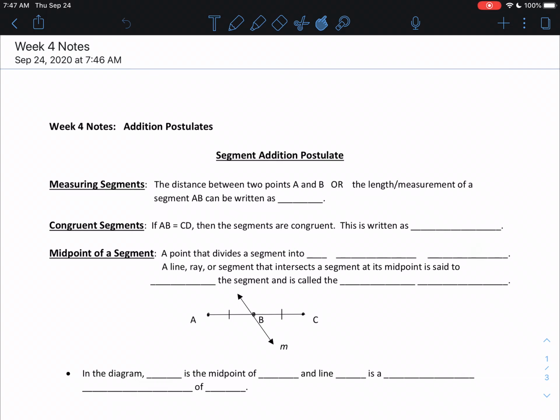And what we're learning today is the segment addition postulate. First we need to work with these vocab words they give us. So, measuring segments.